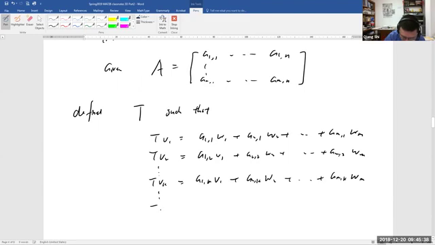And of course if you have T of V sub n, this is A1n W1, and then A2n W2, and then Amn Wm. So basically to define an operator, we define how T behaves on the vectors in the basis. So you define T such as this.